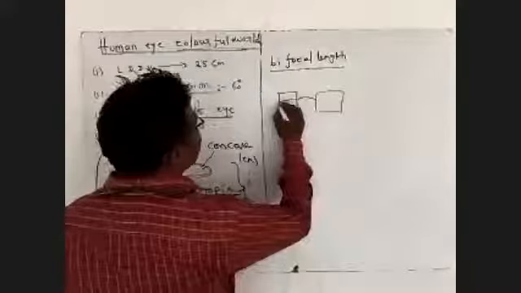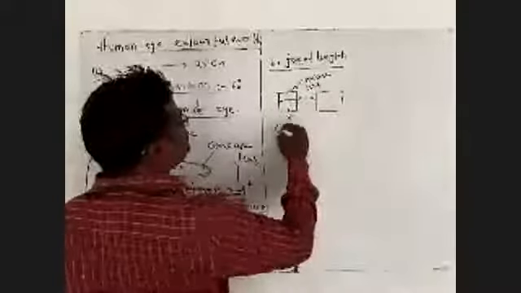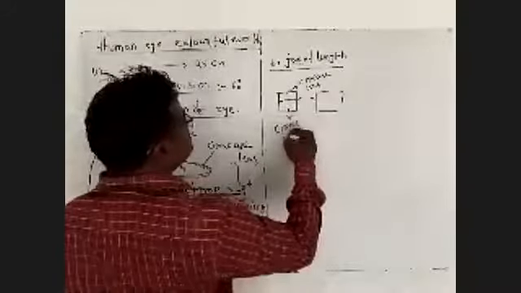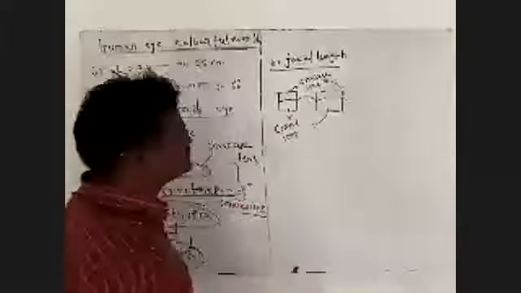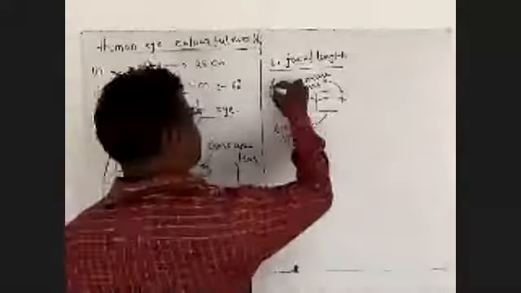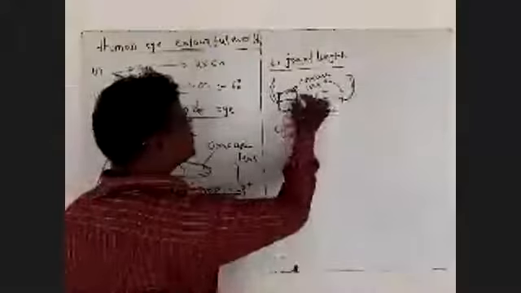The upper part is a concave lens and the lower part is a convex lens. This is the specs they use.